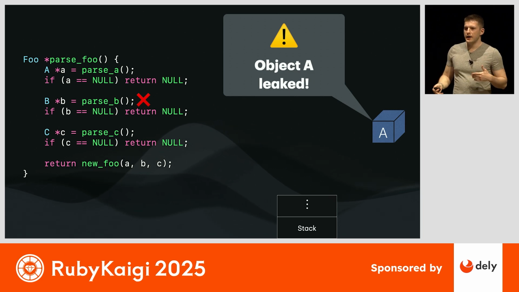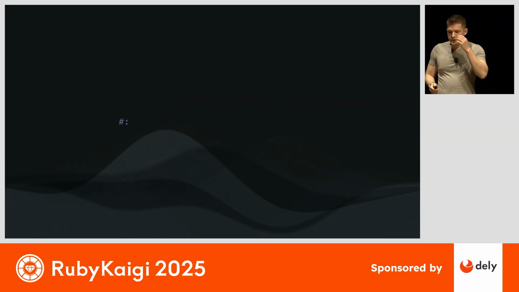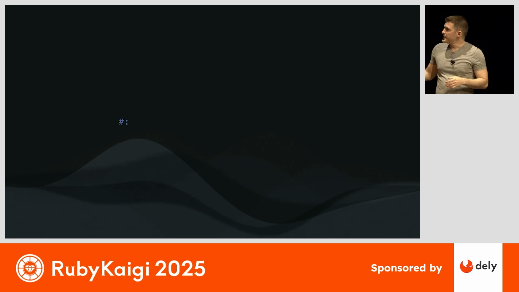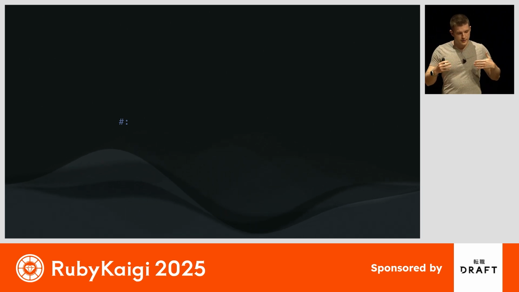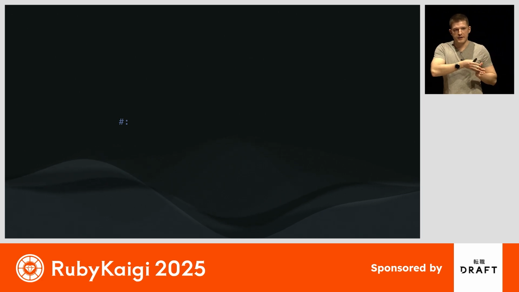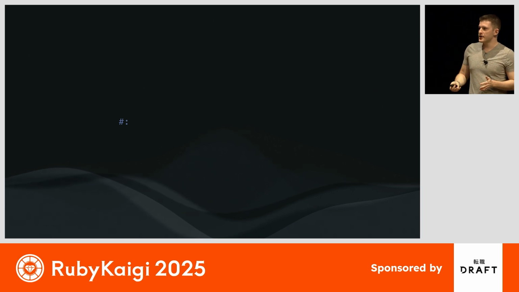Now, if you just leak one object occasionally, it's not great, but it's not the worst. But it's interesting to note how this works in the case of RBS. So you might just start writing some partial RBS code, because your code isn't always syntactically valid as you're typing it. You're starting on the left and typing character by character, and almost every time your IDE is going to parse this code, it's not going to be valid.